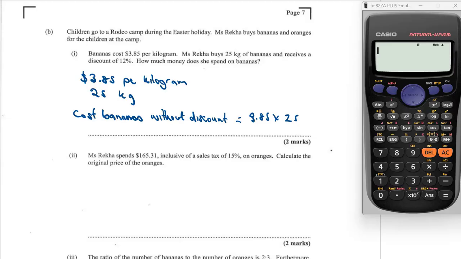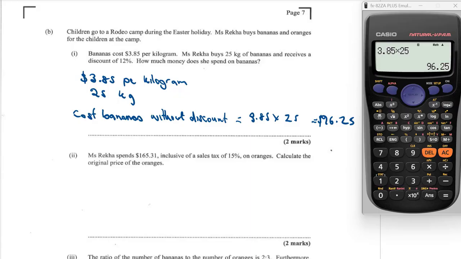So let's put this in our calculator. 3.85 times 25. So that gives me 96.25. Now this is the cost of bananas without the discount. So 96.25. Now we need to factor in the discount.